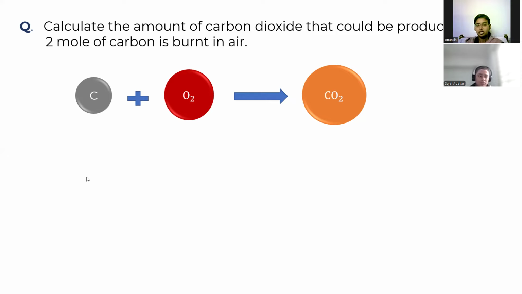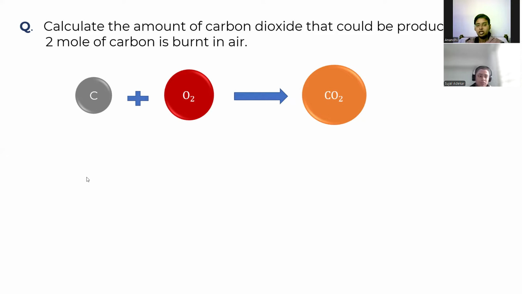Amount means you have to represent the answer in terms of grams. So here 1 mole is reacting and producing 1 mole of carbon dioxide. This is in terms of moles. In terms of grams, 1 mole means how many grams of carbon dioxide is being produced? 12 plus 32, that is 44.